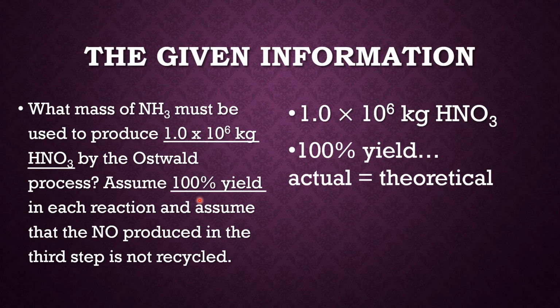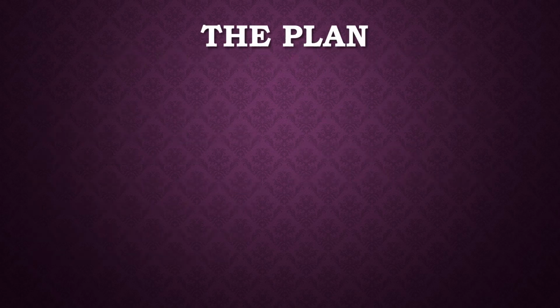That means you lose nothing to your experimental process, to real world processes that would normally take away from this. That's why they tell you 100% yield. Now, you're also assuming that the nitrogen monoxide produced in the third step is not recycled. So we'll take a look at that once we look back at the mechanism.